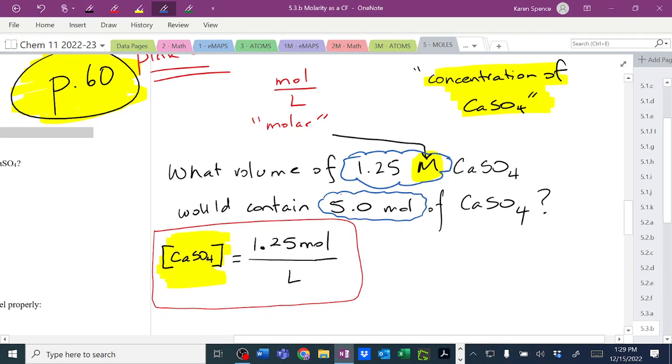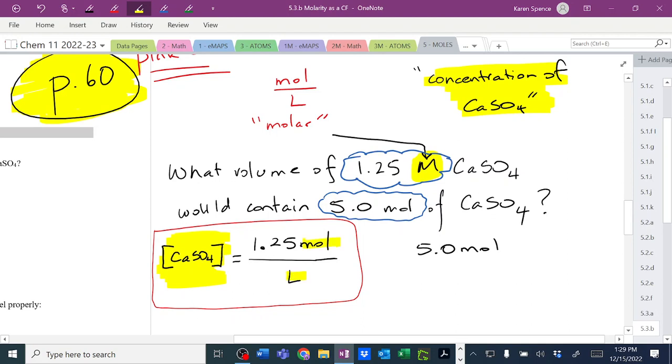Which one is our initial quantity and which one is the conversion factor? Well, they're both CaSO4. I have moles and I have moles per liter. That one's the initial because this one has two different units.